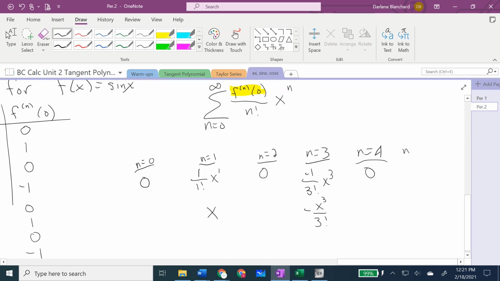And what are we going to get with n equals 5? We're going to go back to positive 1, but with that n equals 5, I have 1 over 5 factorial x to the 5th, which I can write more simply as x to the 5th divided by 5 factorial.